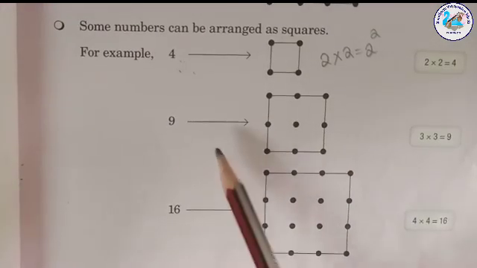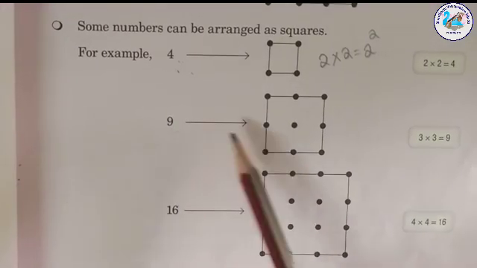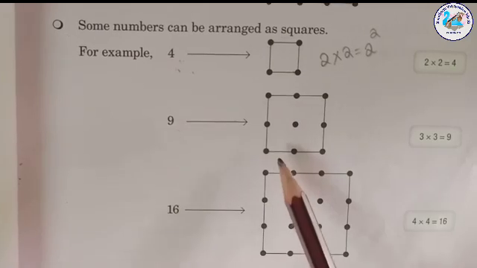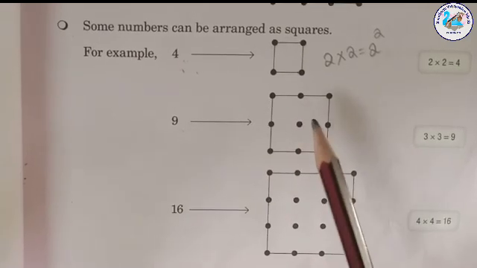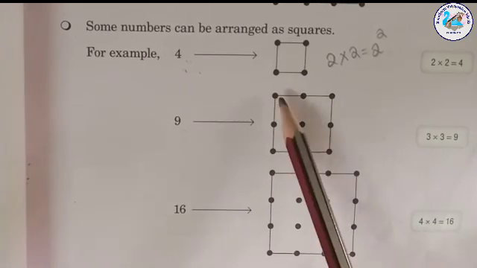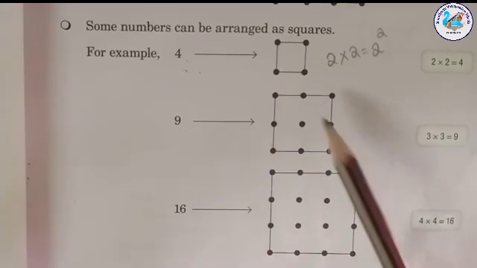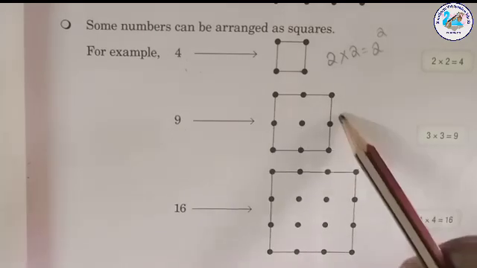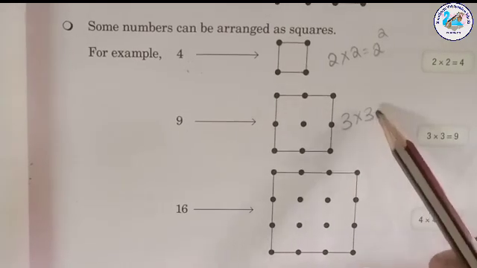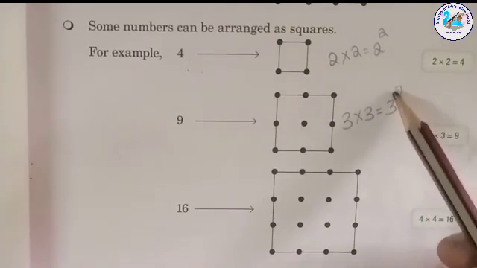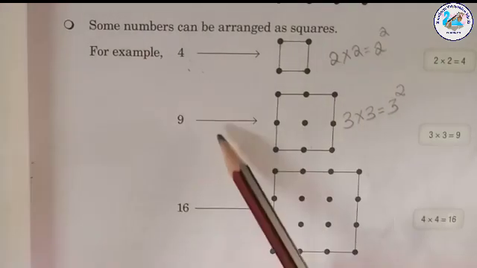The number 9 can be arranged as a square using 9 dots. That means 3 multiplied by 3, which is 3 square, and 3 square is 9.